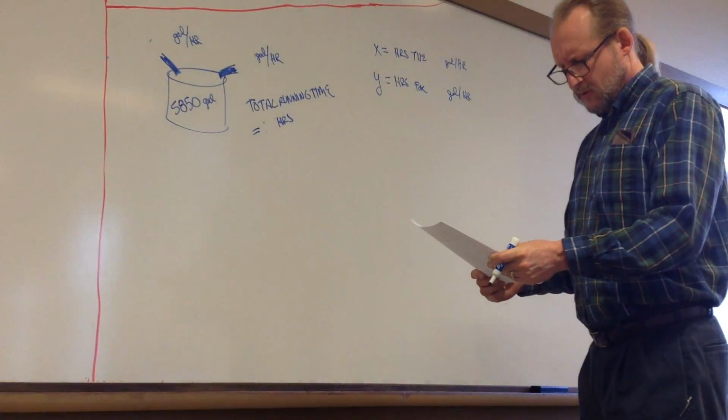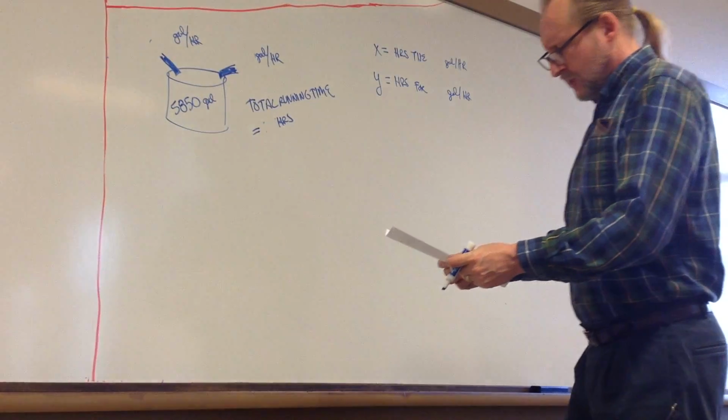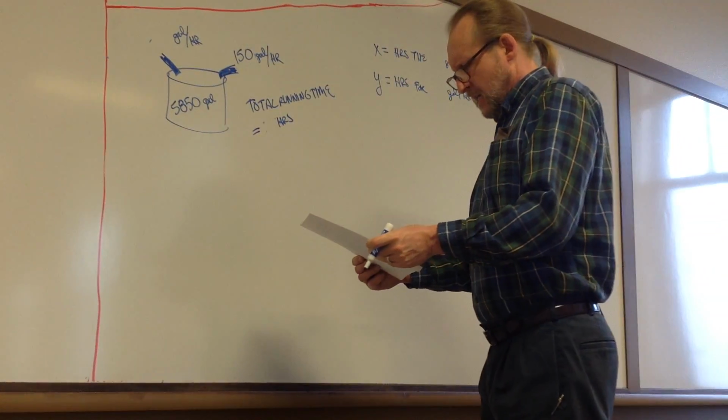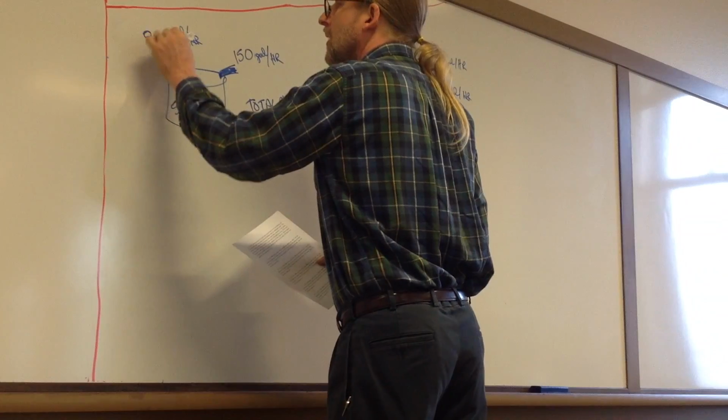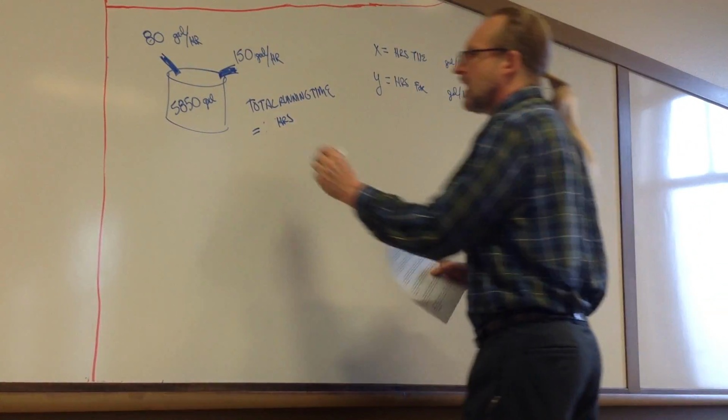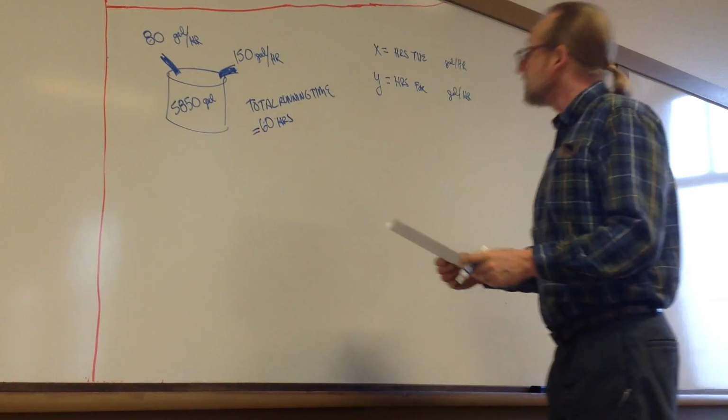One spigot is 150 gallons per hour, and the other one is 80 gallons per hour. And the total running time for both of those is 60 hours.